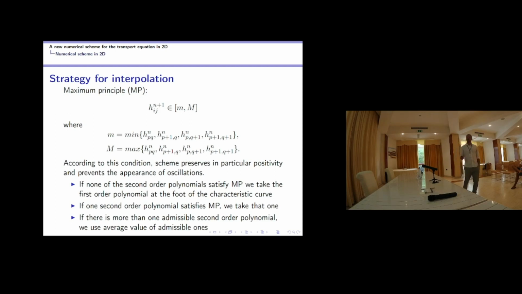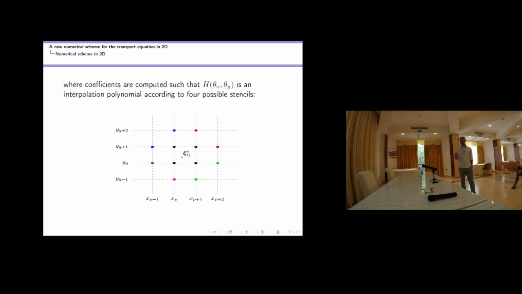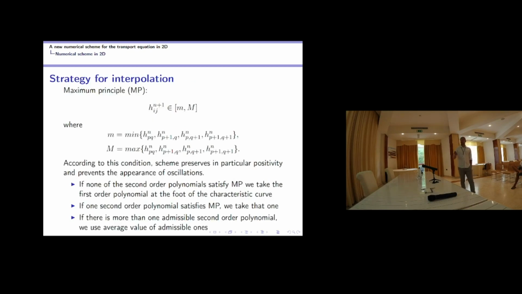We want to satisfy the maximum principle. That actually means that we want our next iteration of h to be between these 4 points. This prevents the appearance of oscillations, and preserves positivity.